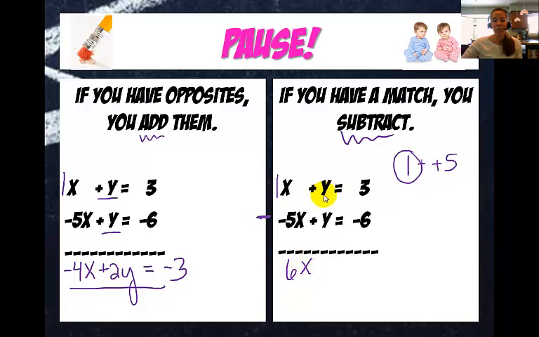Then y minus y, and it's really important to put that subtraction sign out there, because if you don't, those negatives are going to throw you off. Y minus y is nothing. There we go. That's what we wanted, to cancel it out and eliminate it. Finally, 3 minus negative 6, if you want to write it off to the side, remember keep, change, change, just becomes 3 plus 6.